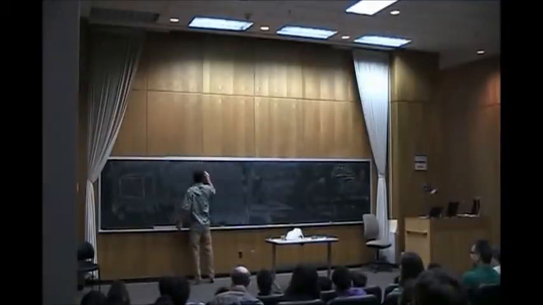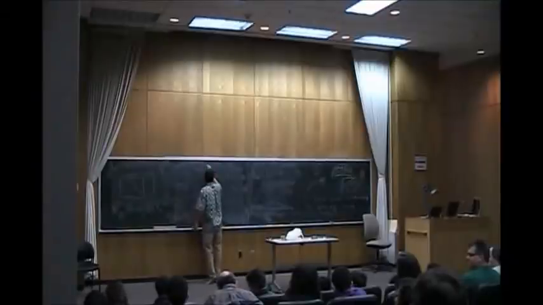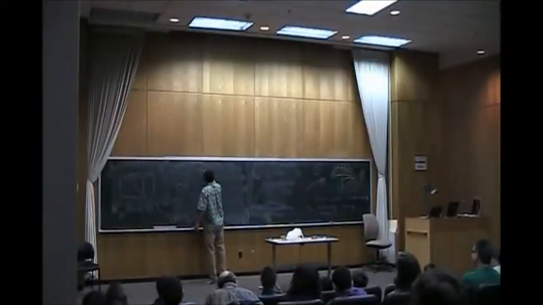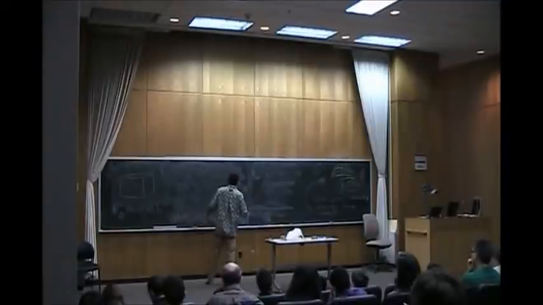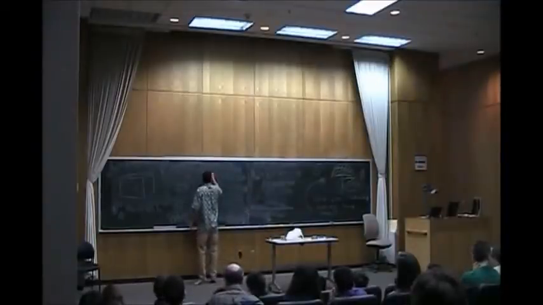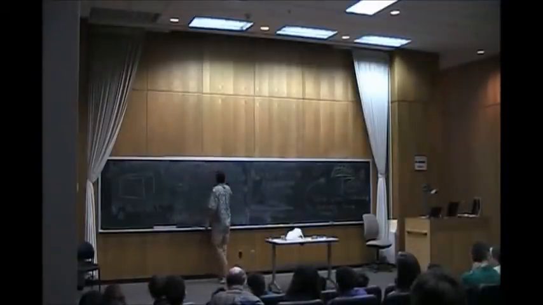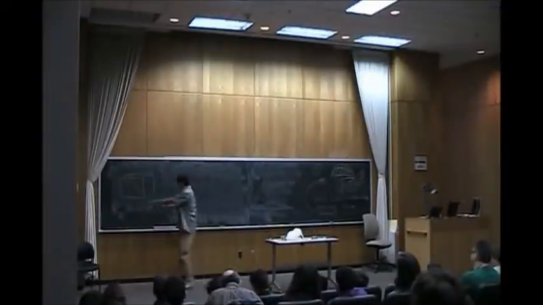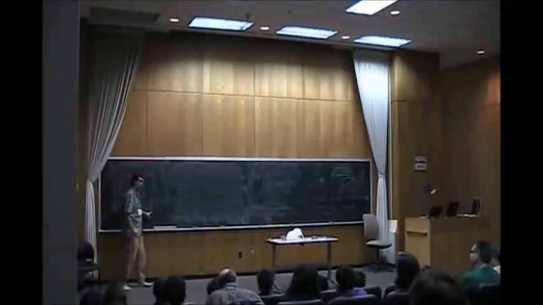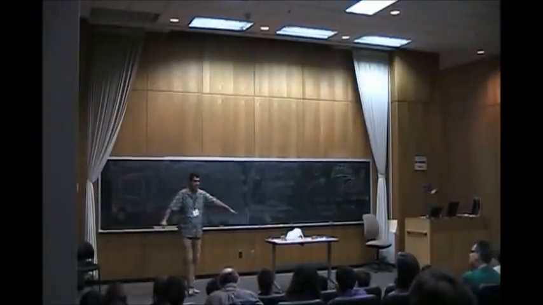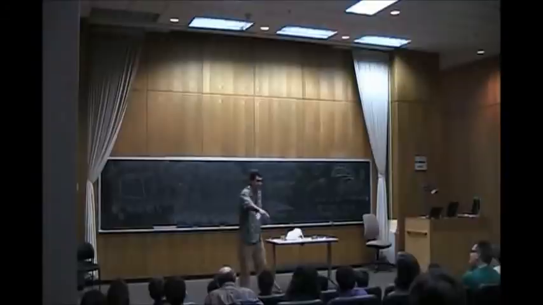What about the volume of a cone? Actually, I'll draw my cone in a slightly different way. I think that's the way I want to draw it. So, right, we've got this pyramid, has a square base, and the volume is a third the area of the base times the height. So what's the volume of a cone going to be?